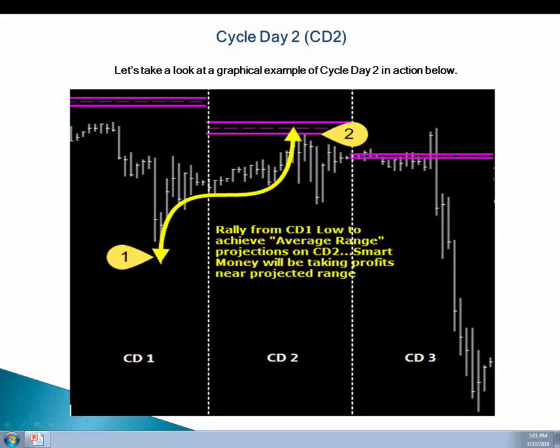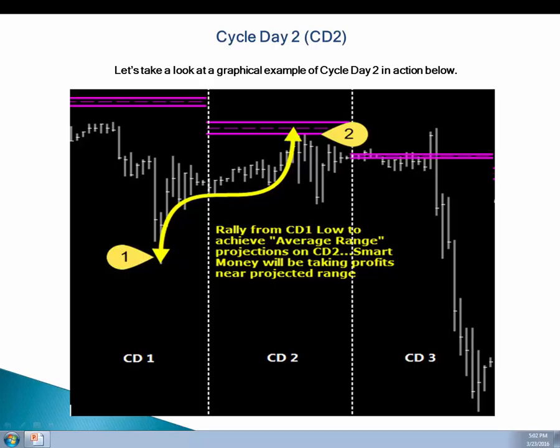So Steve asked, if cycle day 2 makes a lower low or a lower high, does that influence how much the cycle day might rally? It may. There are times where cycle day 2 is still part of a decline, so the secure low or the low of the cycle may or may not be 100% in place.